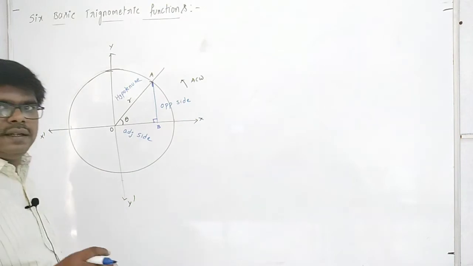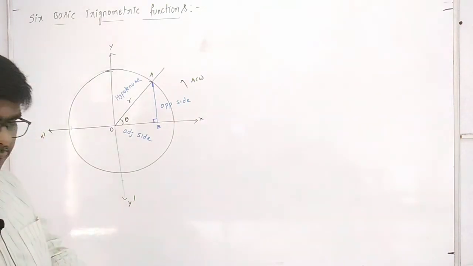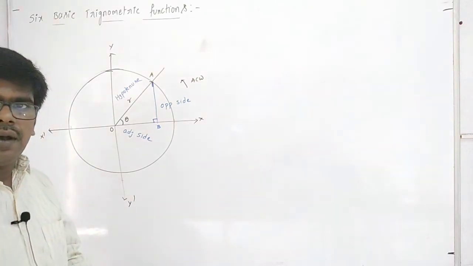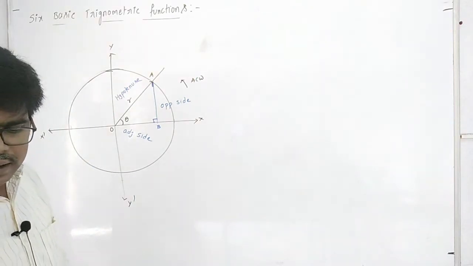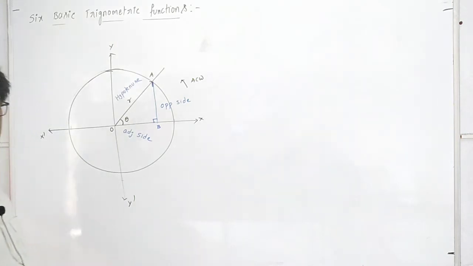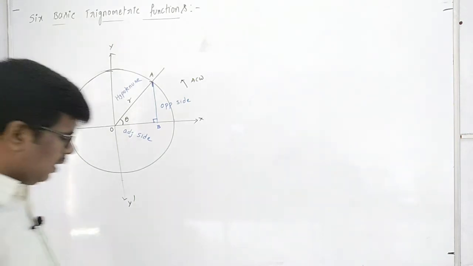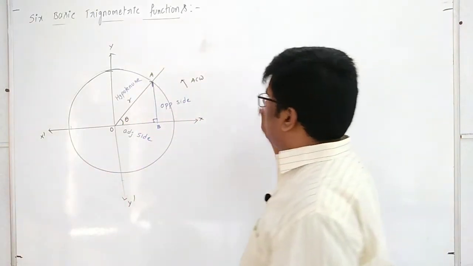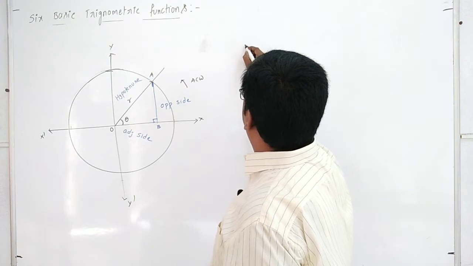Then the basic 6 trigonometric ratios are nothing but sin theta, cos theta, tan theta, secant theta, cosecant theta, and cot theta. All of these we call the basic trigonometric functions.